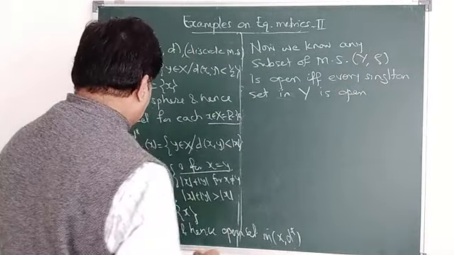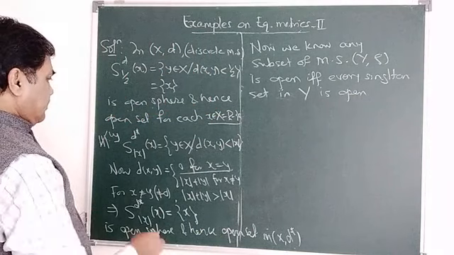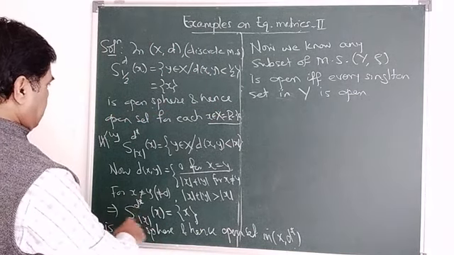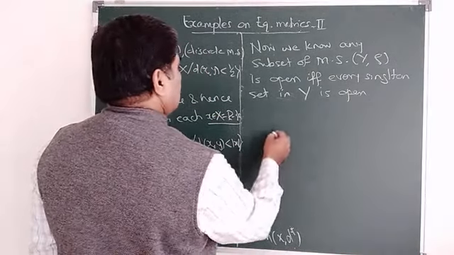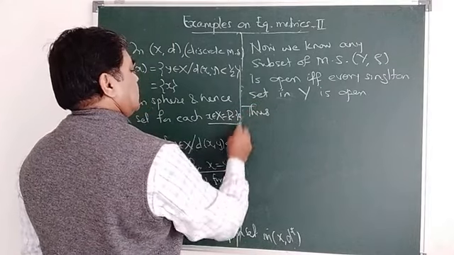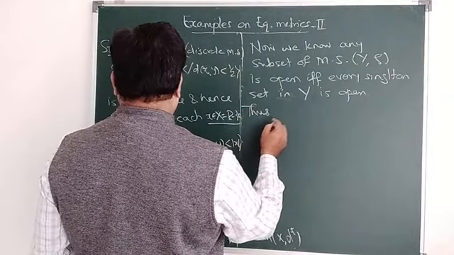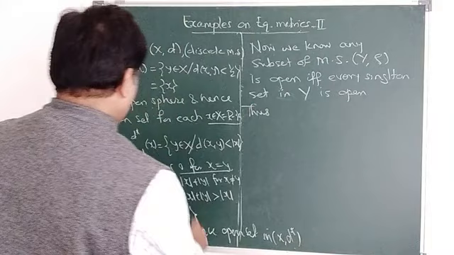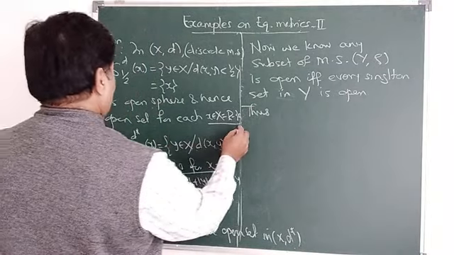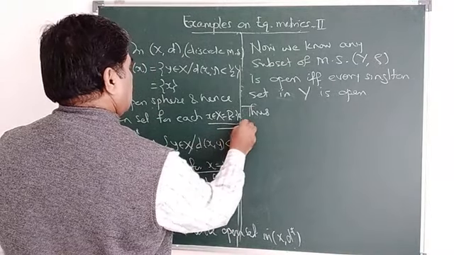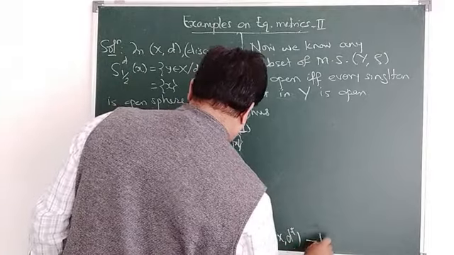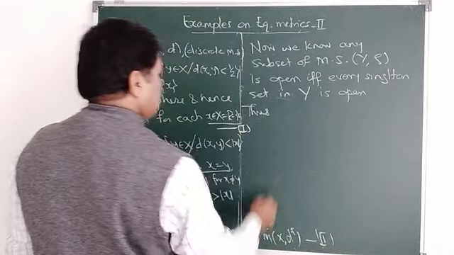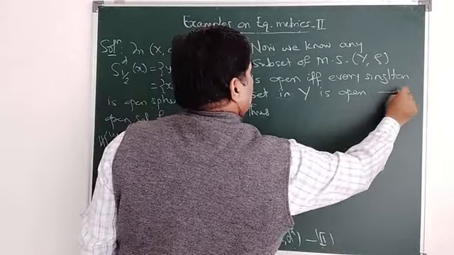By using this, thus from 1, this is 2, and this is 3.